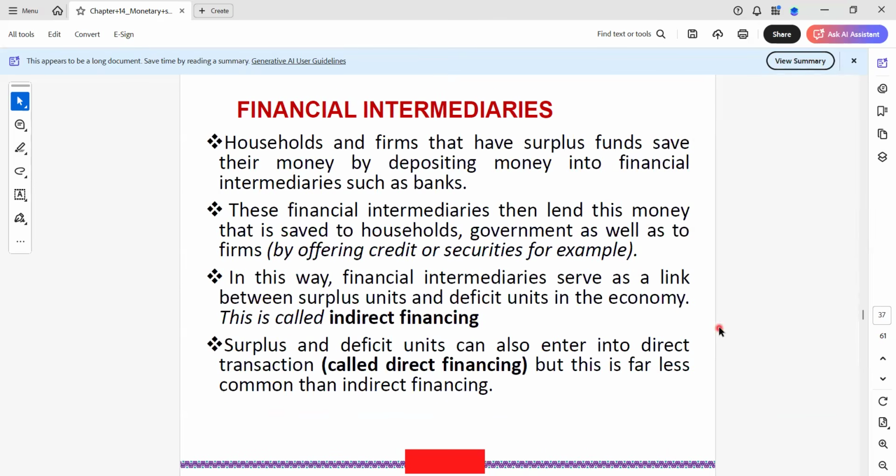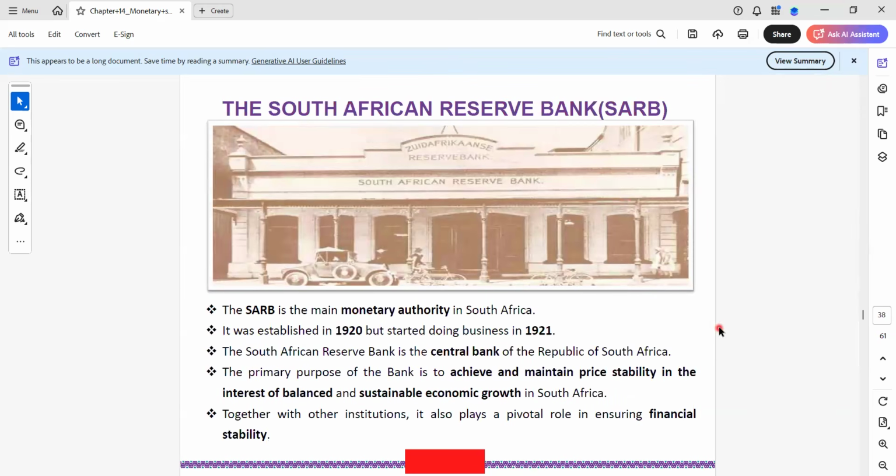So the South African Reserve Bank is the central bank. Let me just read here. It is the main monetary authority in South Africa. The South African Reserve Bank uses monetary policy in order to regulate the money that is in circulation.